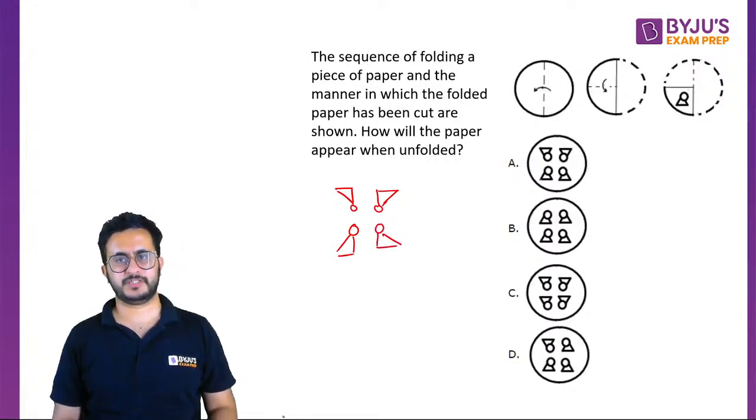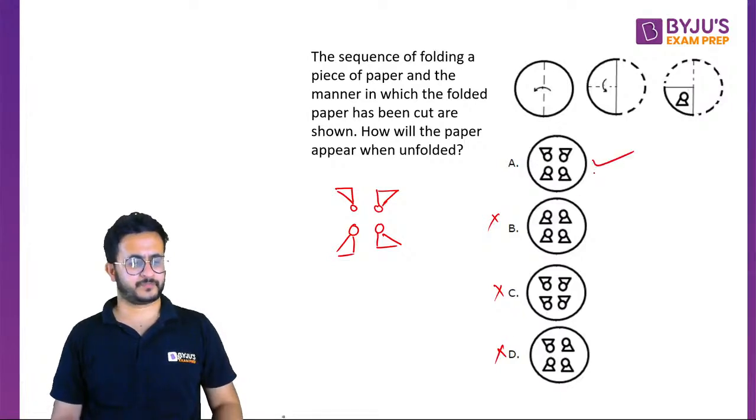Okay, so these triangles pointing this side and this side. Okay, this is wrong. This is fine. Then we see the upper side pointing outside, right, and inverted. That is an option. Easy one.